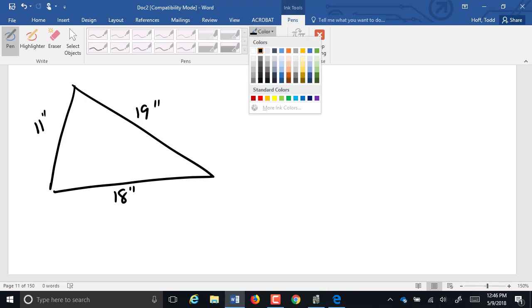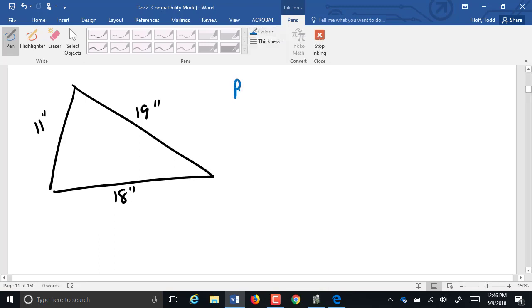So what's our step one? Perimeter. So 11 plus 19 plus 18 is 48. What do we find from there? Semi-perimeter, which is 48 divided by 2 is 24.